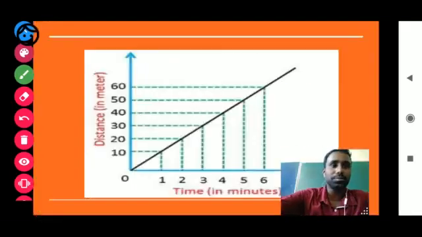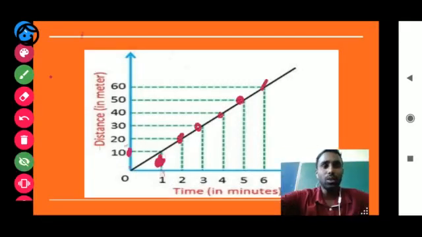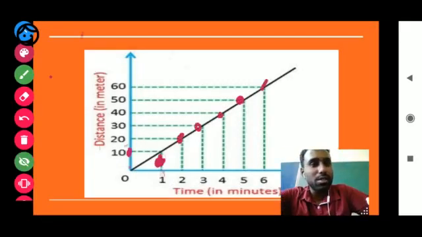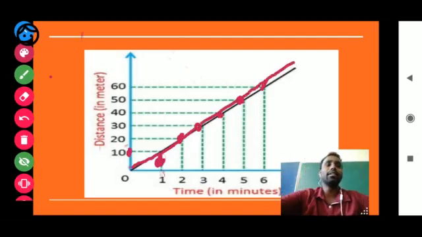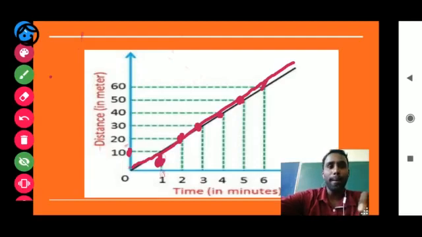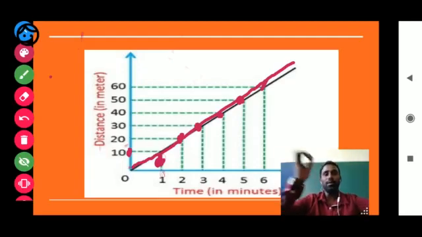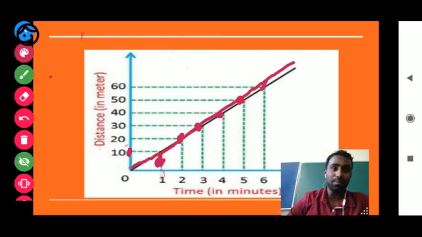So if we join all these points, you will get a linear line, that means a straight line. In this straight line, what can we say? In the first second it covers 10 meters, in the second 20.